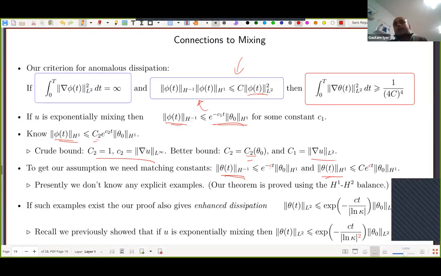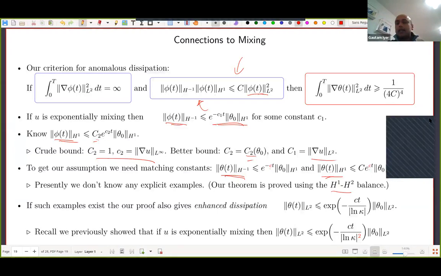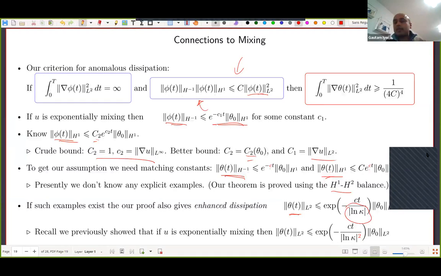The way we prove our theorem is we construct a flow that satisfies the H1, H2 balance condition I stated before. For the H minus 1, H plus 1 condition, I don't know any examples. If I did, I would be able to get enhanced dissipation with an optimal log kappa time scale. But I don't know how to do it.